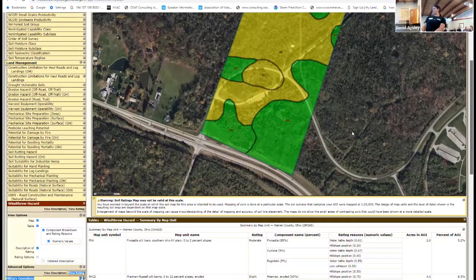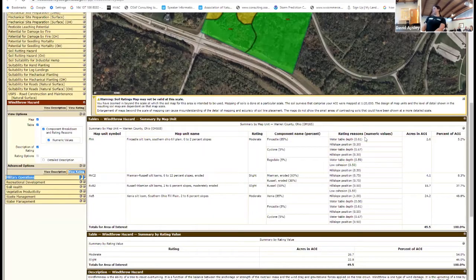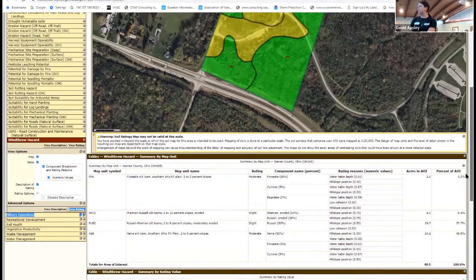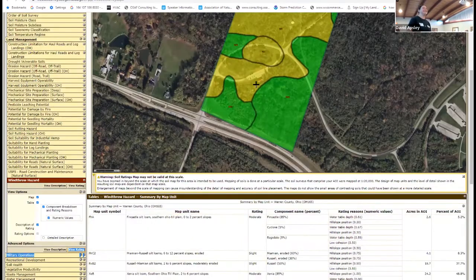But it breaks it out by soil and then it'll tell you the reason why you're likely to get wind thrown. So if we combine all of these, I'm guessing if we have more than two, we're probably running a pretty good risk of having trees come down. You're on a steep slope, it's really shallow, or high water table. You're likely to get some more erosion, wind throw. So yeah, it is under there, under land management.